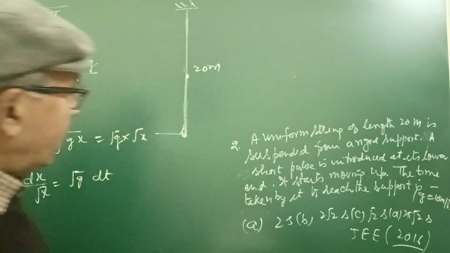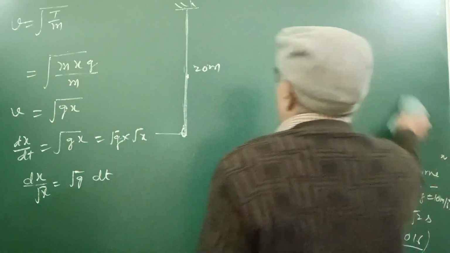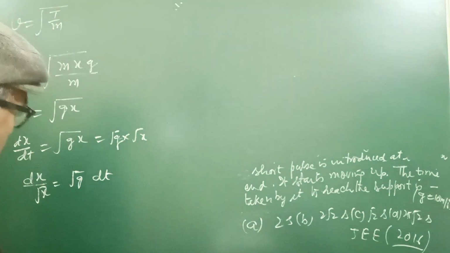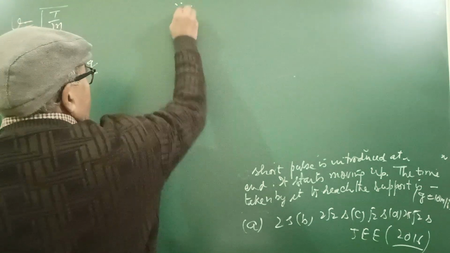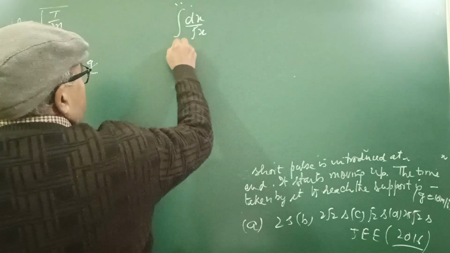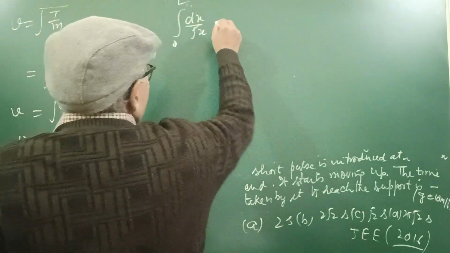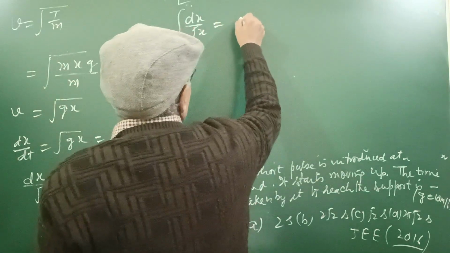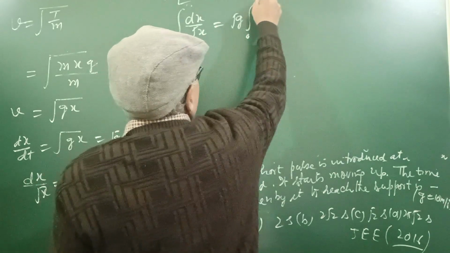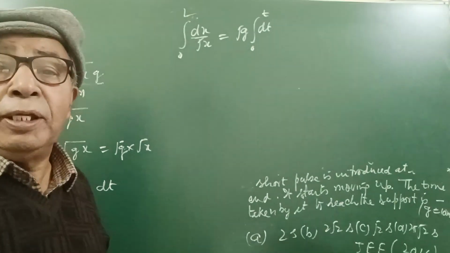Now if we integrate it from 0 to x and time 0 to t, so integration of dx upon root x, 0 to 20 meters, total length we will write later as L, and root g and under root dt from 0 to t.